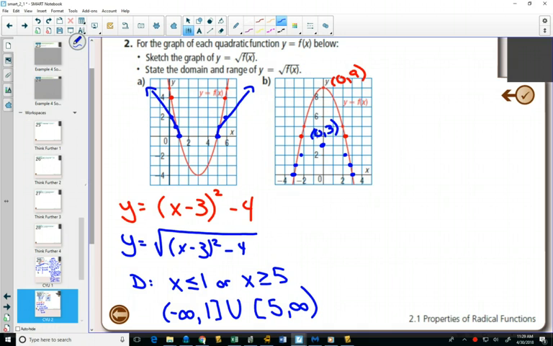And then we can go to the third part where wherever our original graph has y values bigger than 1, our square root graph is going to be below. Can you see that this is the below section? And whenever our original graph's y values were between 0 and 1, our square root graph has to be above.